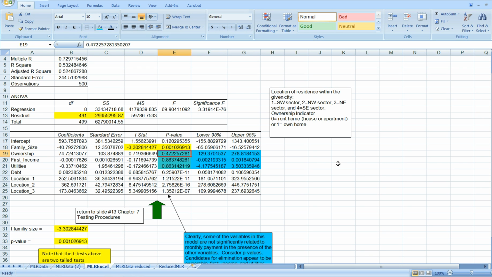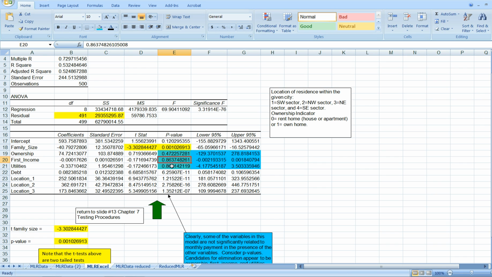Now remember, reject the null if p is small. Well, 0.47 is certainly not small if it represents the probability of making a type 1 error. And so we can see that in the presence of the other 7 variables, family size and these others, ownership certainly does not significantly contribute to the explanatory power of the model. And of course, take a look at the confidence interval associated with that regression coefficient, and it includes 0.